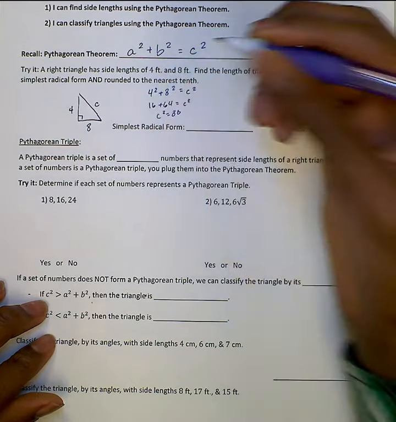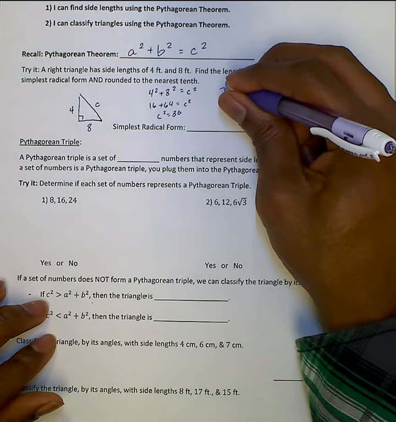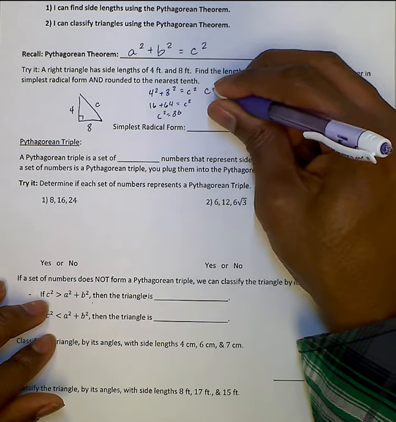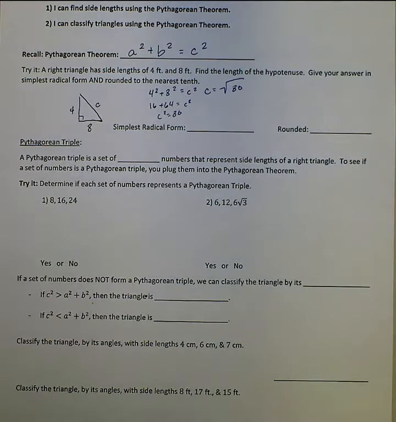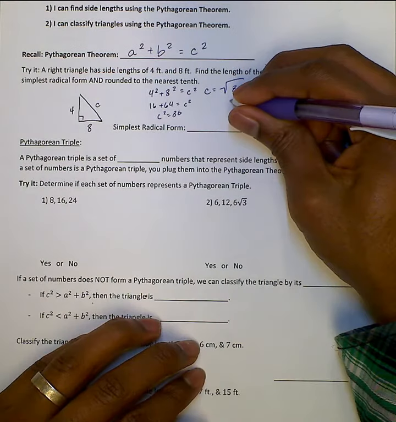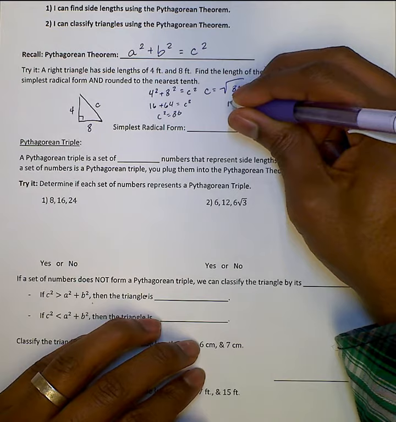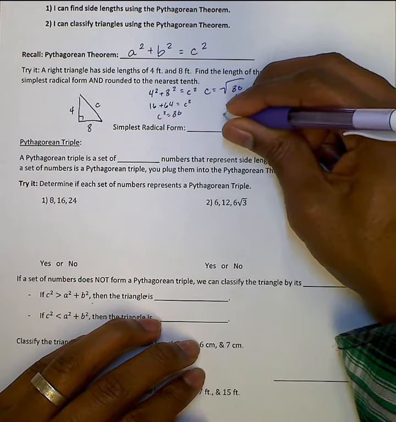We can take the square root of this to find c. c will equal the square root of 80. So we want to put this in simplified radical form. That's finding pairs. 16 and 5, I think, if I'm doing that right. 5 is prime, so we know we're done here. 4 and 4.